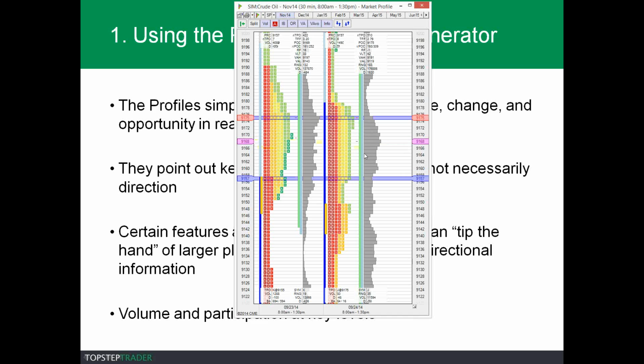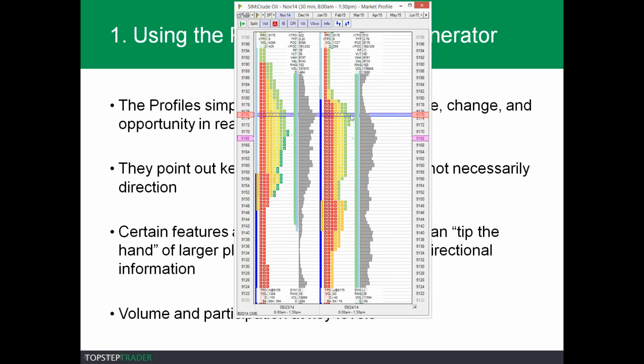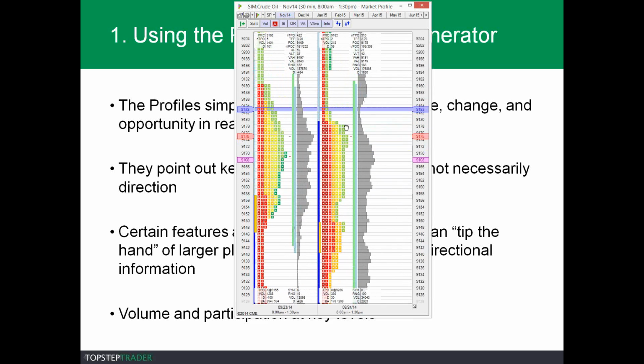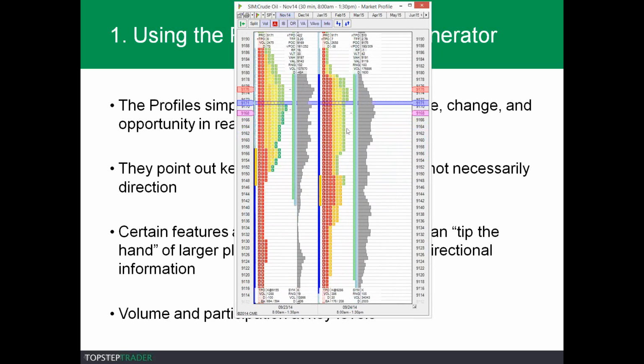Through the better part of the day, the point of control in TPO, the widest level of the profile, was closest to the center of the range. So you can see before the second run up here, the center of the range was probably somewhere in this area.